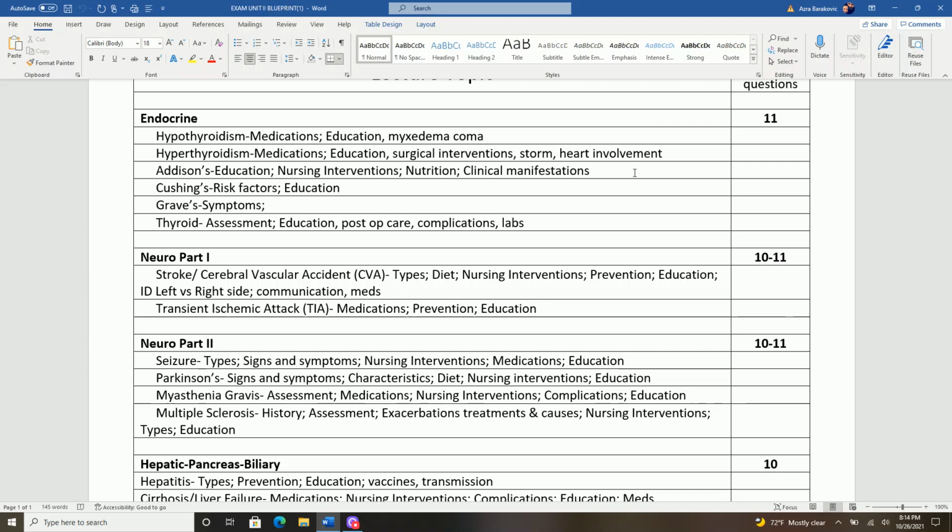Like, what is your patient going to look like if they're in an Addisonian crisis? And then what you might want to educate your patient on. And again, that kind of goes hand in hand with nutrition and nursing intervention, because remember, education is a nursing intervention.